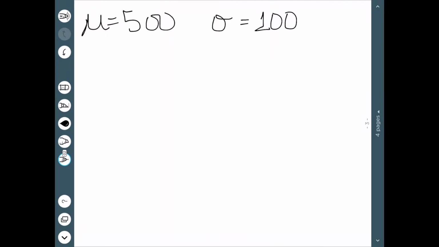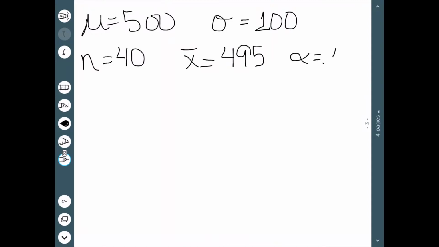Did they actually score below average? So they look at a sample of 40 students and find that their average was 495. And we want to test this at alpha equal to 0.10 and see if this school district actually was below average.